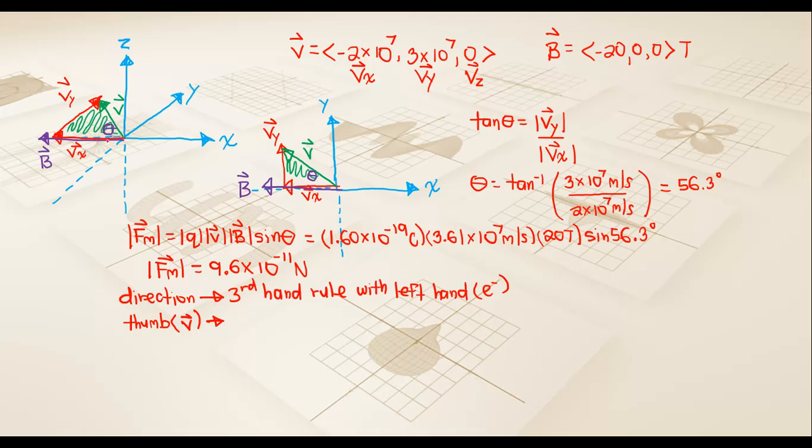So if you look at this picture, you've got to be careful: which component of the particle's velocity is actually going to experience a deflecting force? Look at the theta in the equation. If a particle is moving in the same direction as the magnetic field, like only in the Vx direction, it would not be subjected to a deflecting force.